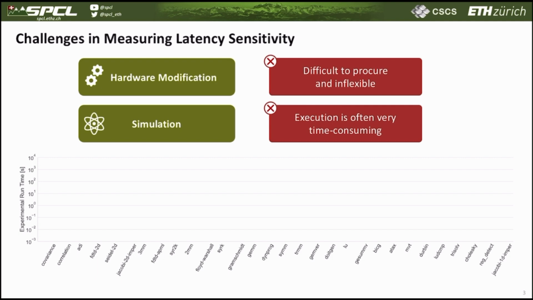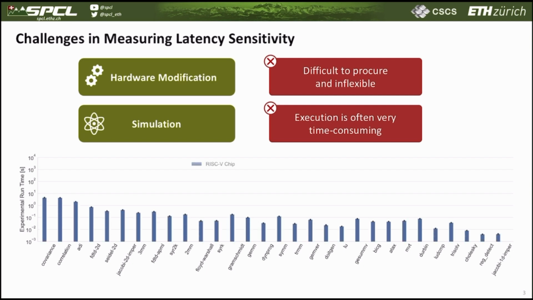So in this plot, you have runtime on the y-axis and different PolyBench kernels on the x-axis. And if we run these kernels on some RISC-V SoC, I forgot which one exactly, but that is in the paper. Doesn't also really matter for this presentation.